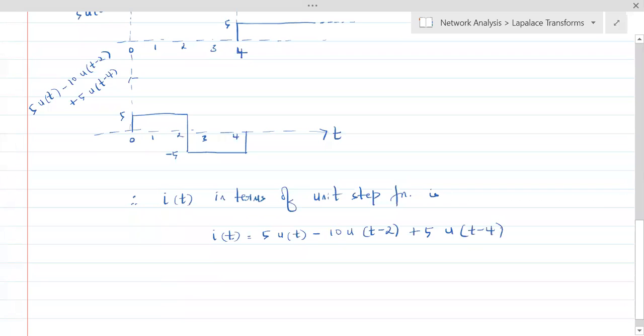So this is your given signal mathematically represented.